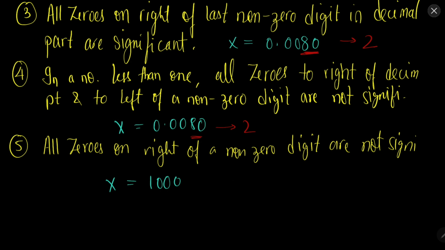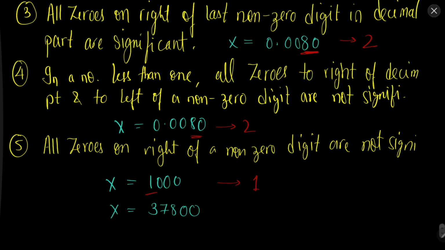Here only one significant digit is there, the first one. Let's say x is 37800. How many significant digits? 3 significant digits, because the right-side zeros are not significant. So these are the few rules that you use while finding the significant digits.